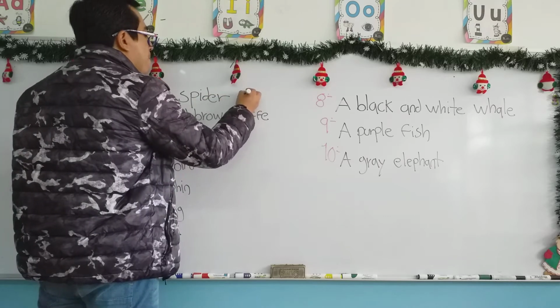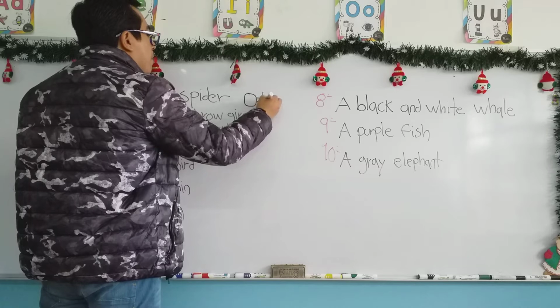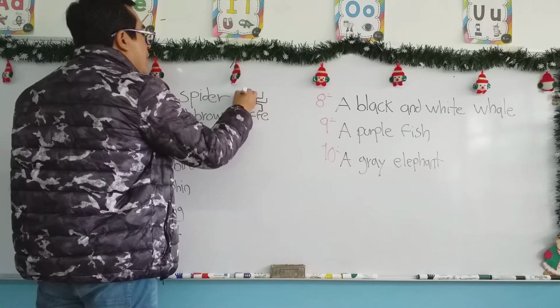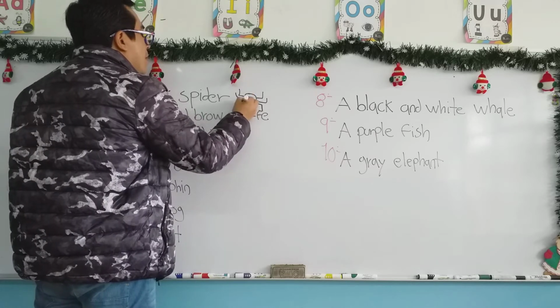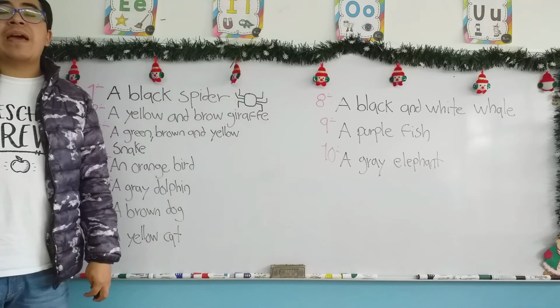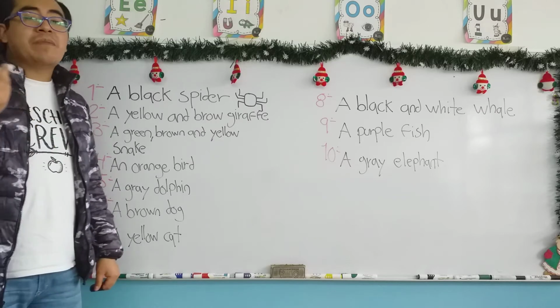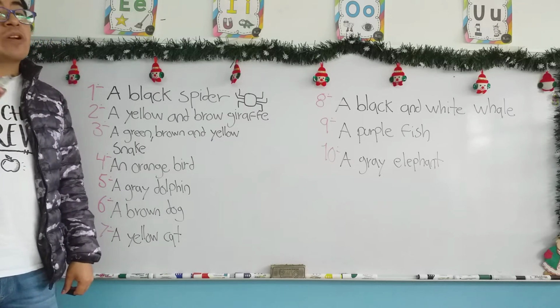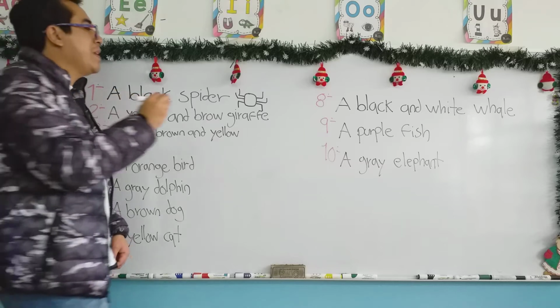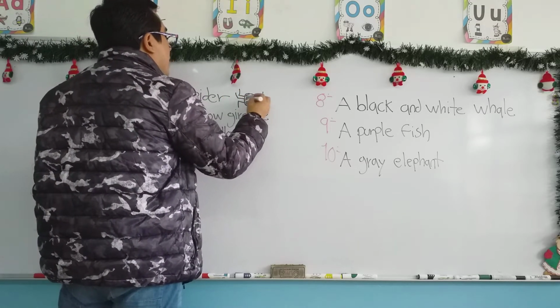First of all, the drawing of the animal. A black spider. Once we have the animal, then we paint it. As I mentioned, it must be with the correct color, in this case, black. A black spider.